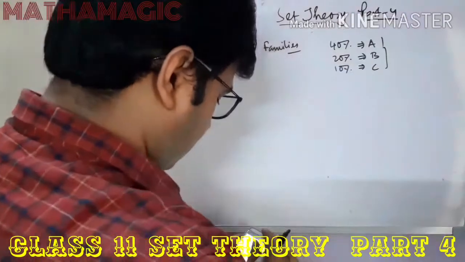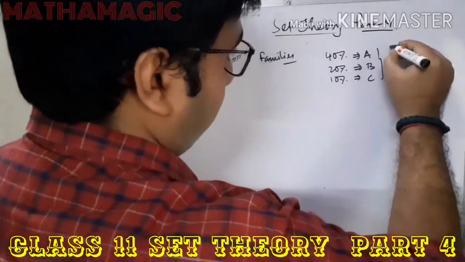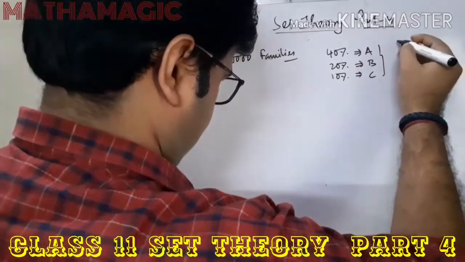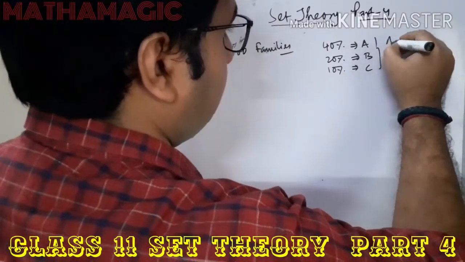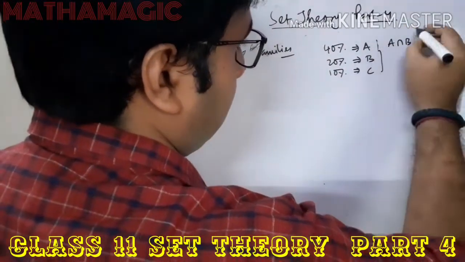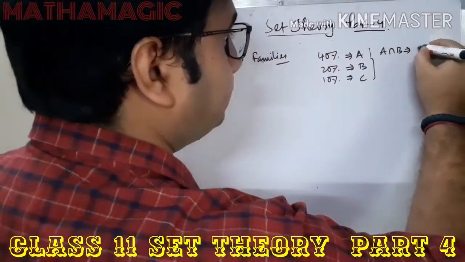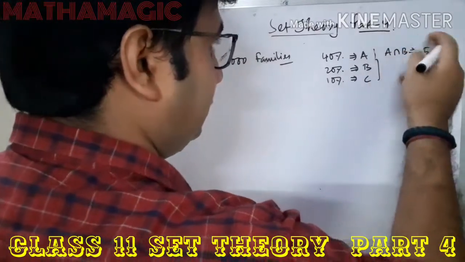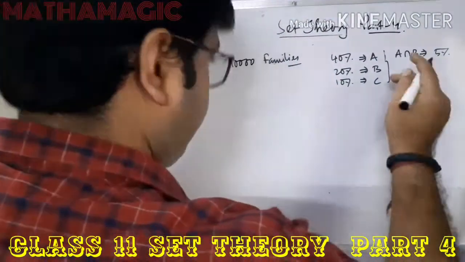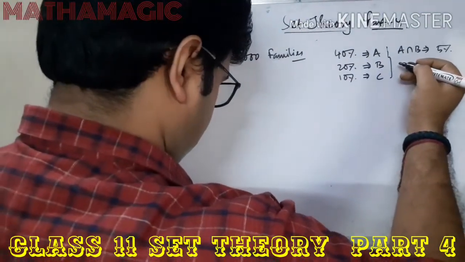It is given. Now 5% buy A and B both. So that is A intersection B, that implies 5%, both A and B. They buy A, they also buy B. That means the common part, the intersection.